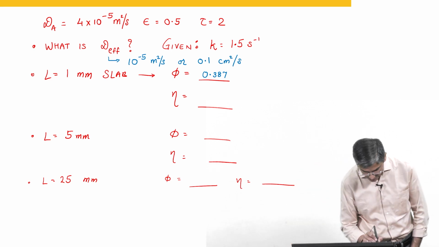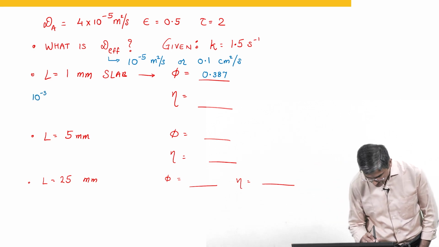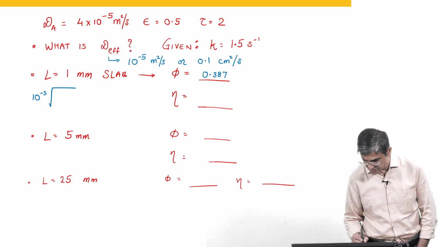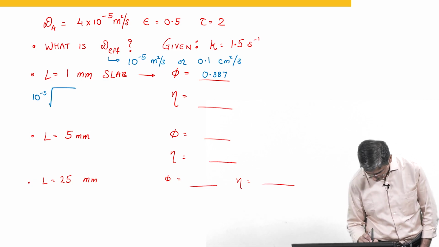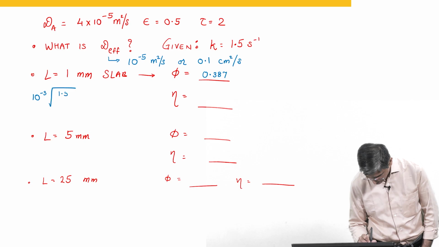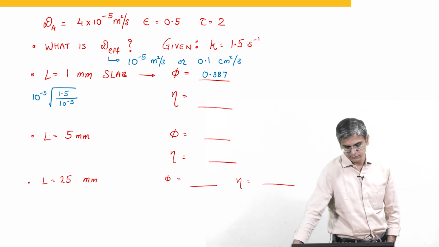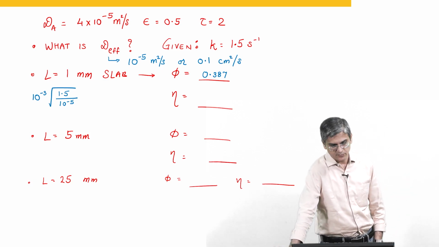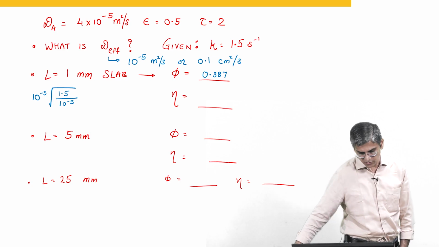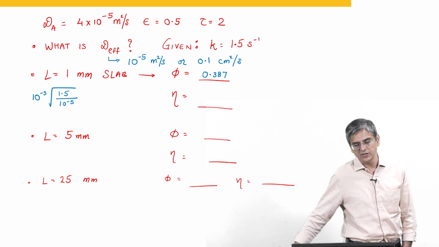How will you calculate? 10 to the power minus 3 square root of, okay. So, square root of 150 multiplied by 10 to the power minus 3. 0.387, all of you?